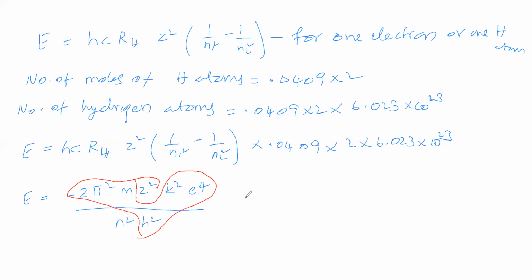So that Rydberg's constant RH, so energy is equal to minus RH into Z square by n square. Okay, this is the energy formula. Now in this energy formula, there is a difference between this RH and this rounded term.